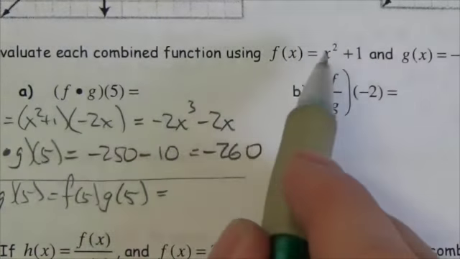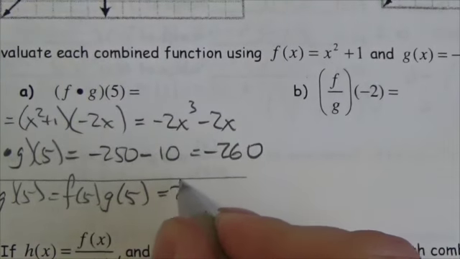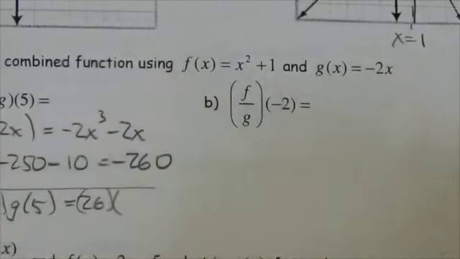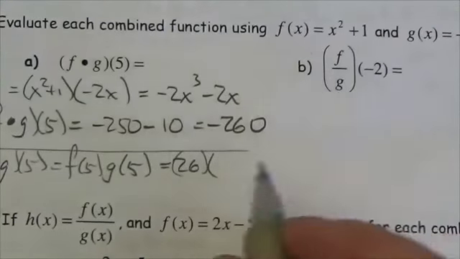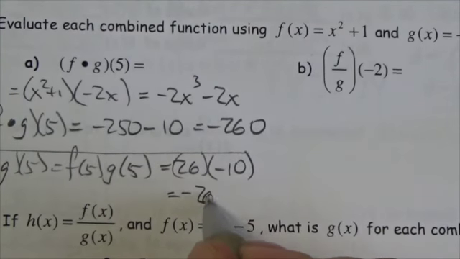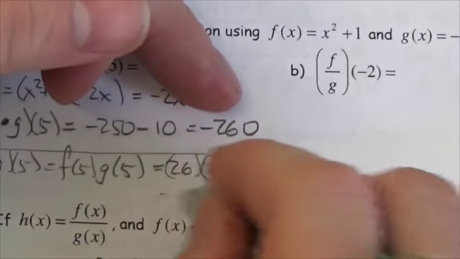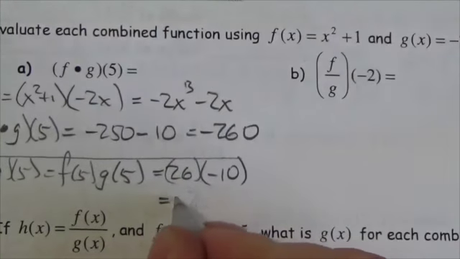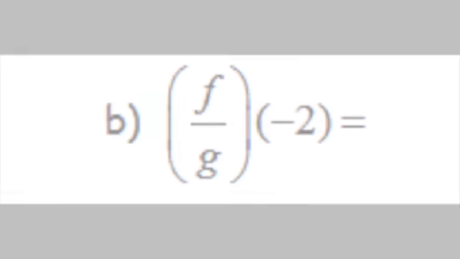F at 5 is going to be 5 squared, or 25 plus 1, 26, times, well, negative 2 times 5, which will be negative 10. And there it is. There is my negative 260 that I got in the previous little bit of work.